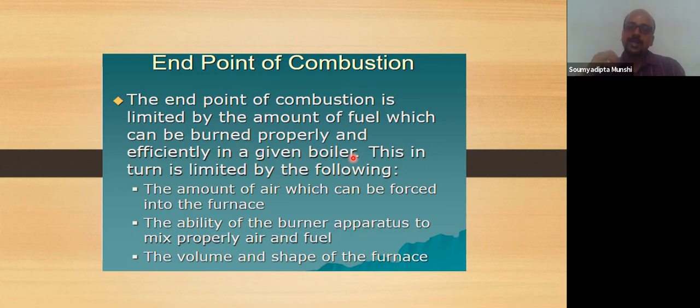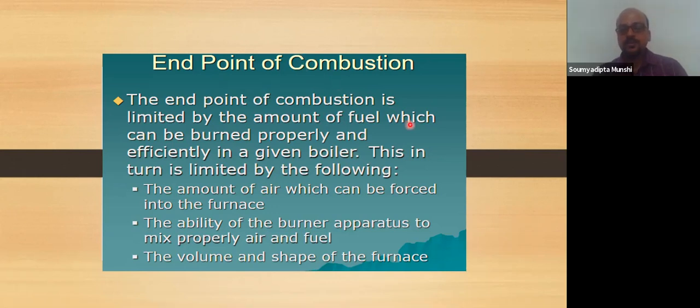So that is the end point of the combustion, when we supply that amount of fuel to the combustion chamber in which the efficiency of the boiler is high. Okay, so that is called the end point of combustion.